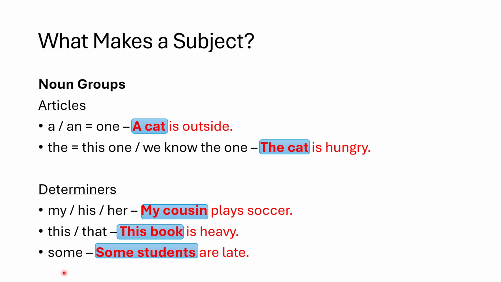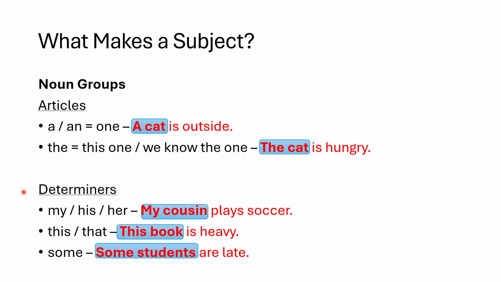The articles in English are a or an, which means one. For example, a cat is outside. The, which means this one or we know the one. For example, the cat is hungry.